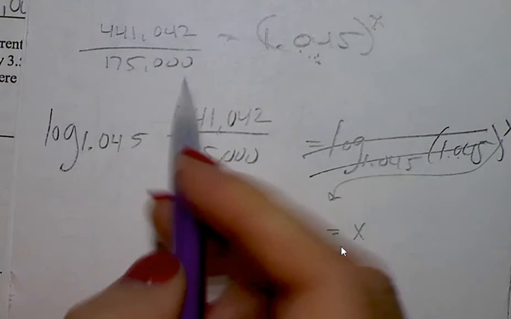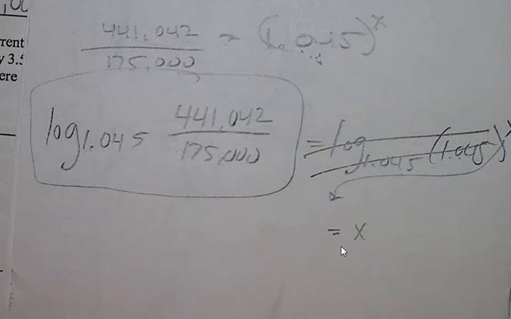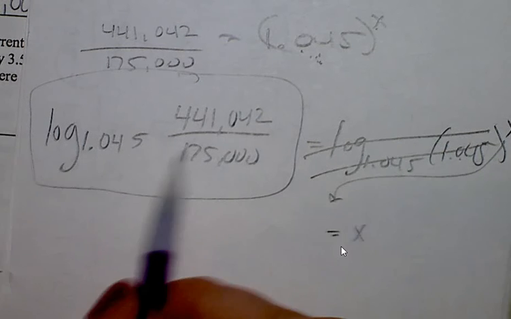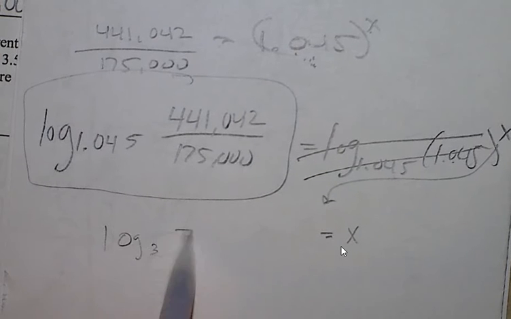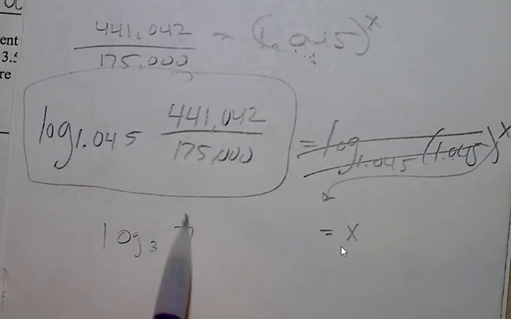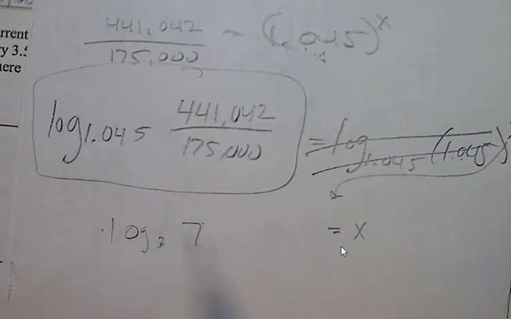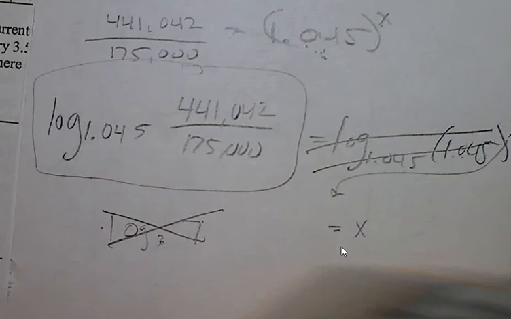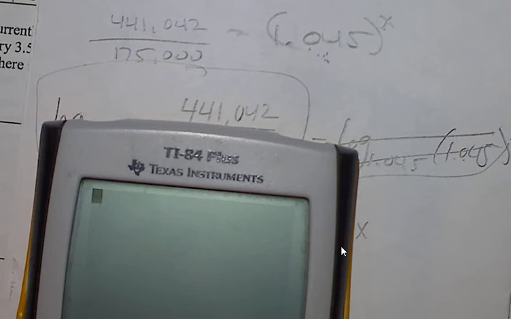Now, how the heck do we plug this into our calculator? Well, let's just take a second. One, I need you to pay attention. Got it, guys? If I asked you to plug this in, you would say log of the back number, enter, divided by log of the base. It's the same concept. We're going to take log of the back.